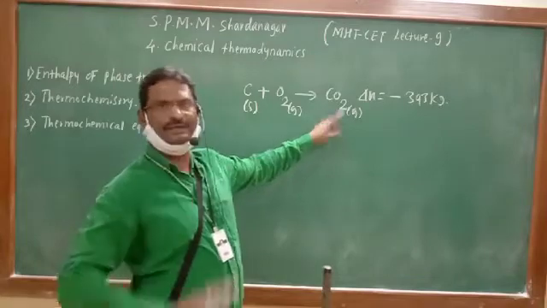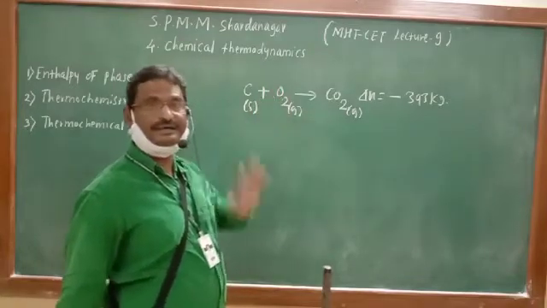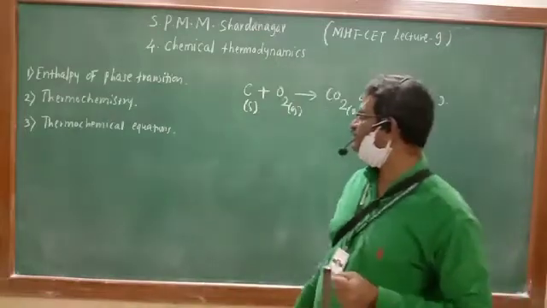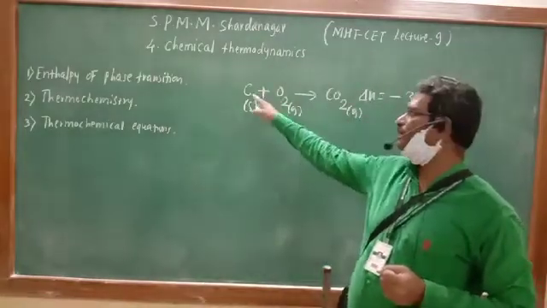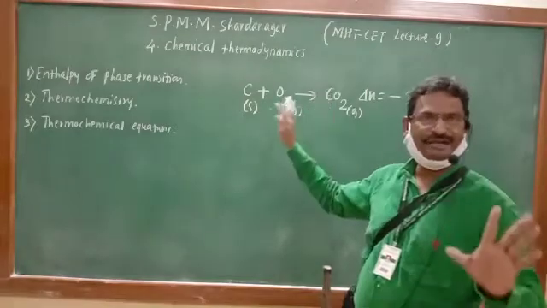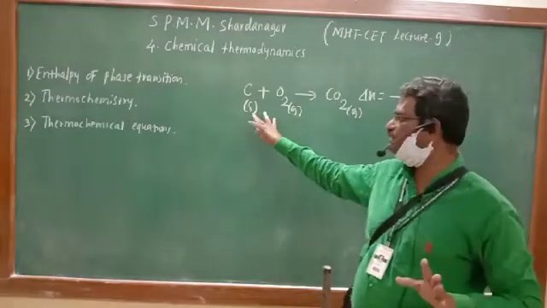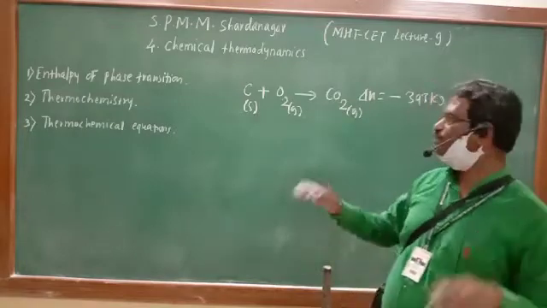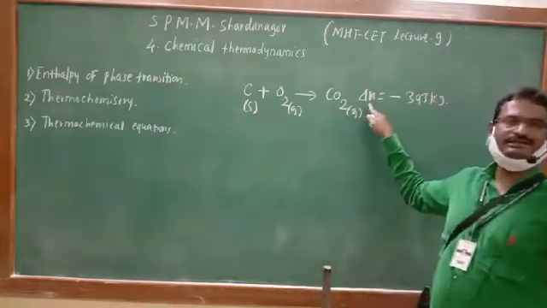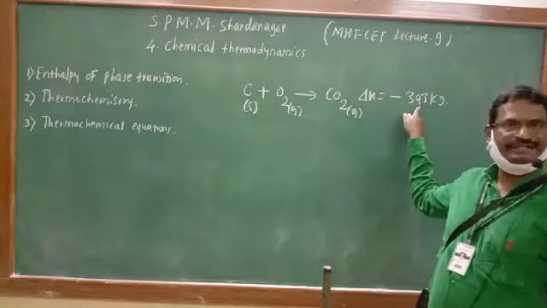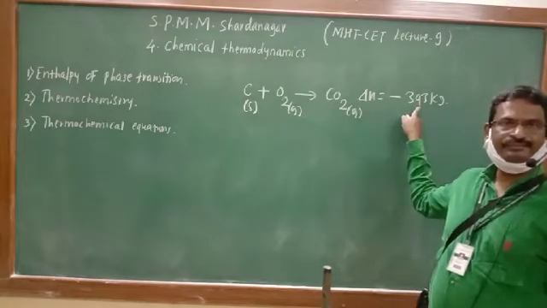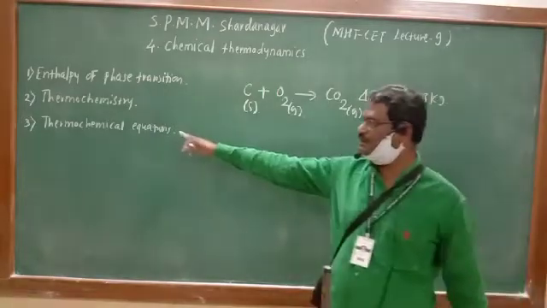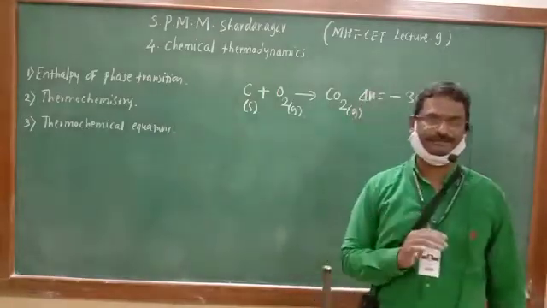So this type of equation, a balanced chemical reaction in which the number of moles of reactants and products are balanced, in which states of reactants and products are mentioned, in which the enthalpy change is specified, that type of equation is known as a thermochemical equation.